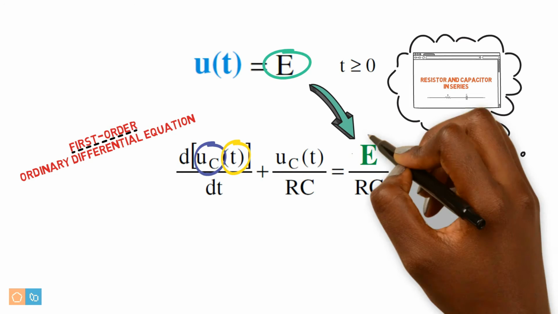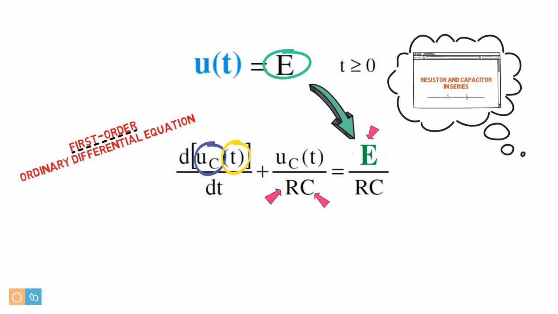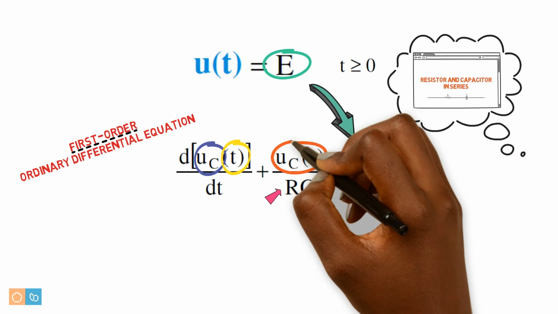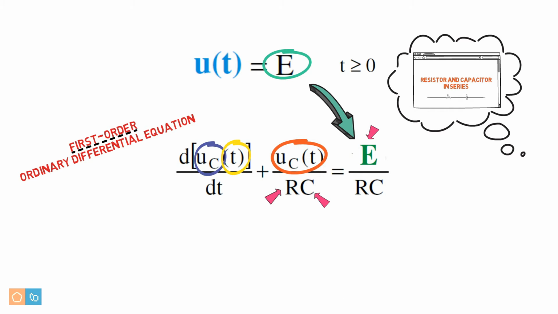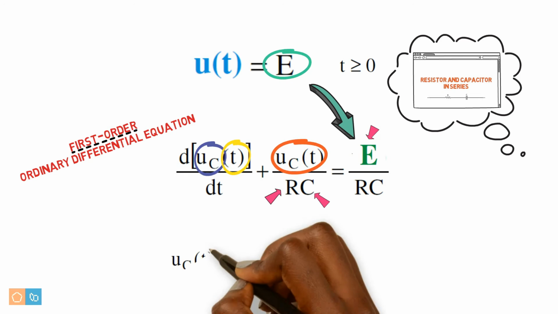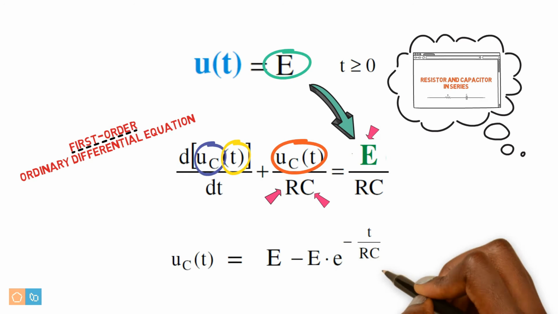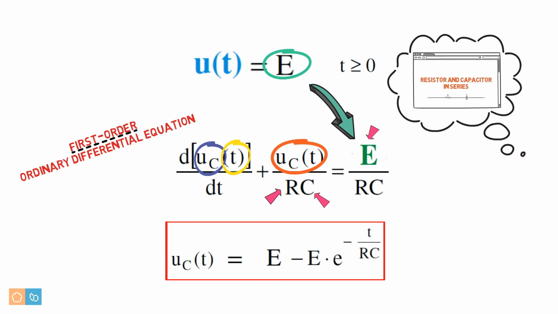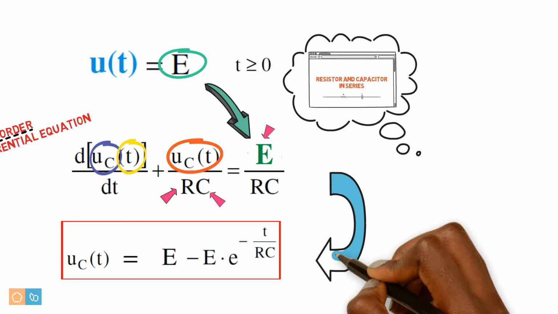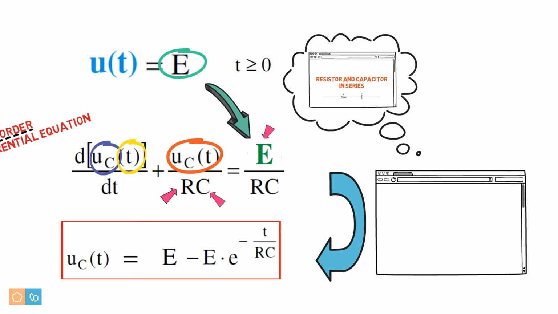In this equation, E, R, and C are constants, and UC is the unknown. The solution to this equation is the following expression. The demonstration of how to get to this solution is available in the second video on the Laplace transform, regarding, of course, RC circuits.